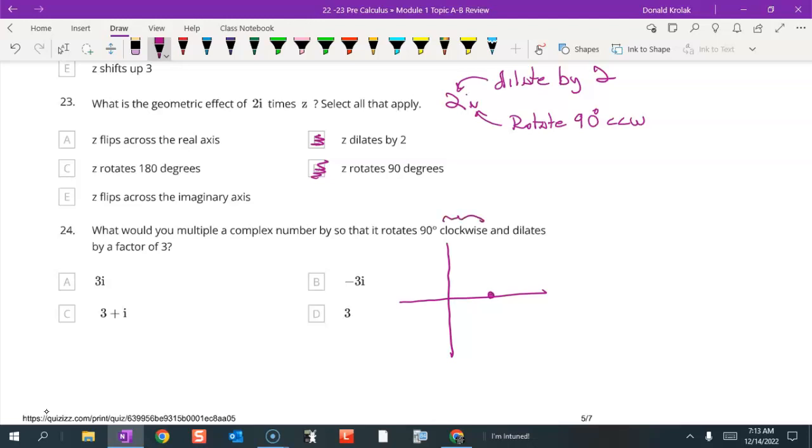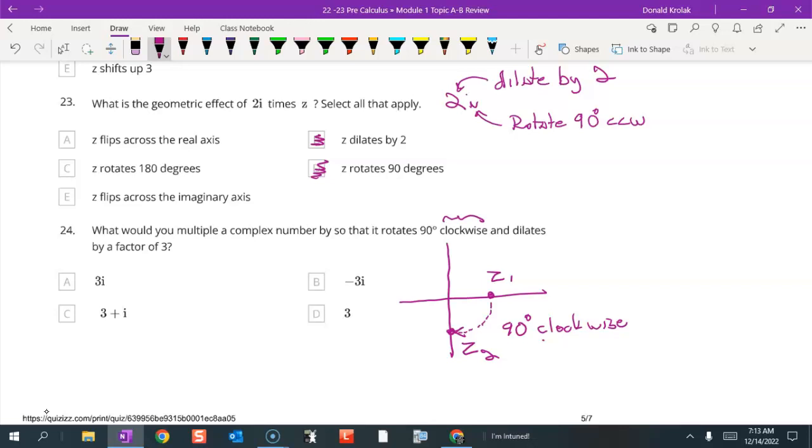So if I had a point and it rotated 90 degrees clockwise, it's going to go this direction. And it's going to dilate by a factor of 3.